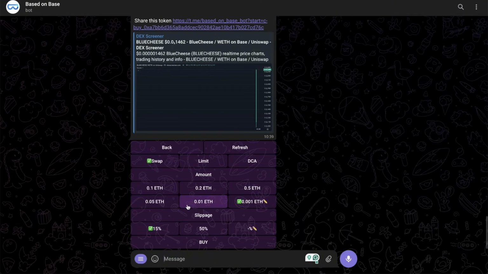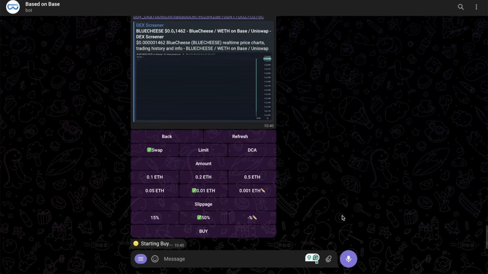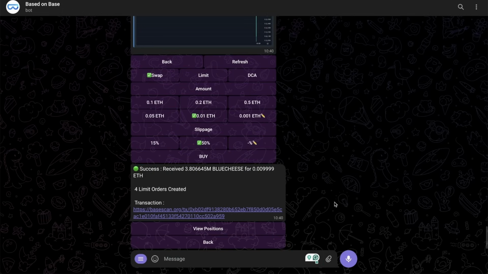I could do 0.1 or 0.5. For this blue cheese, let's buy 0.01. And maybe I'm going to move the price a bit too much, so I will click on the 50%. And then buy.